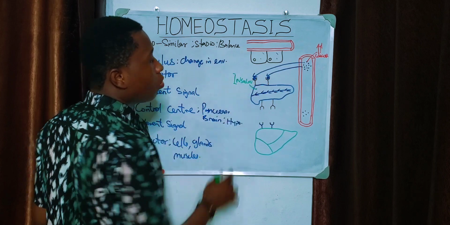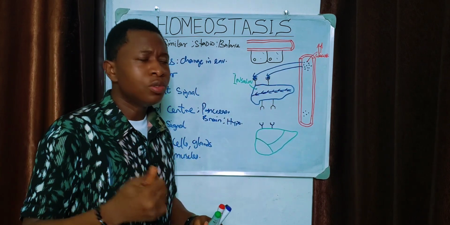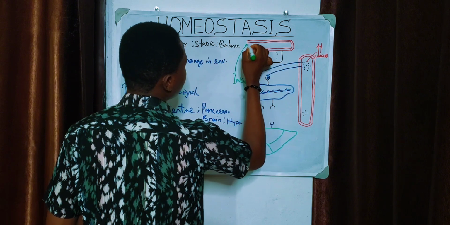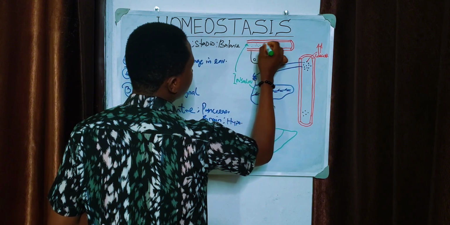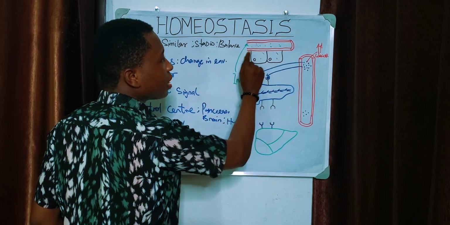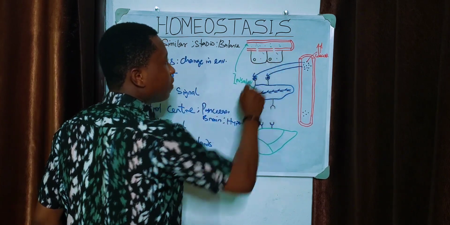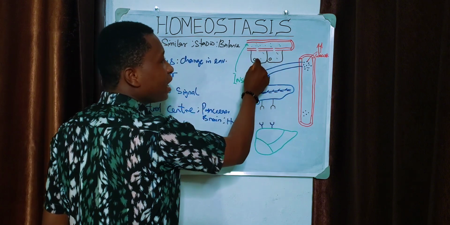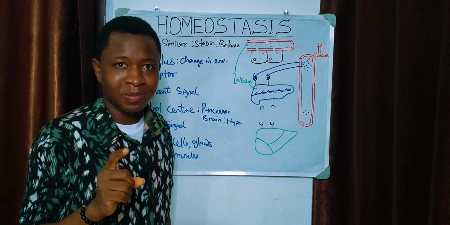The pancreas will release this hormone called insulin. What does the insulin do now? The insulin travels to the blood vessels and causes some channels of the blood vessels to open up, and the glucose molecules will leak into the cells.